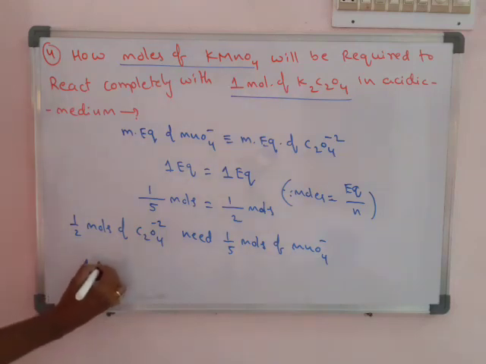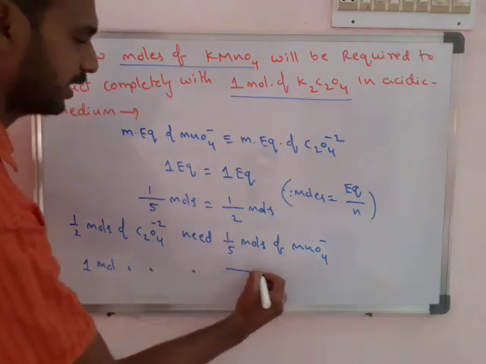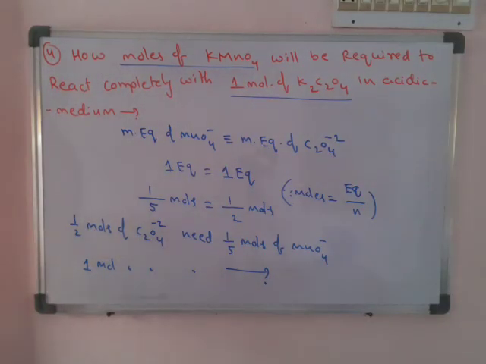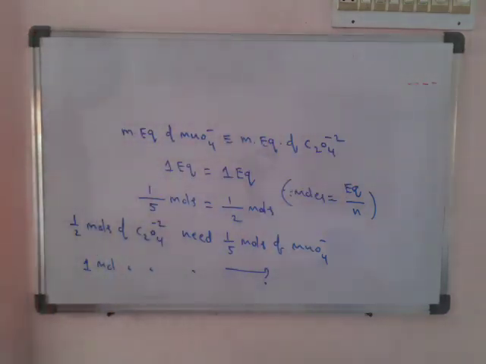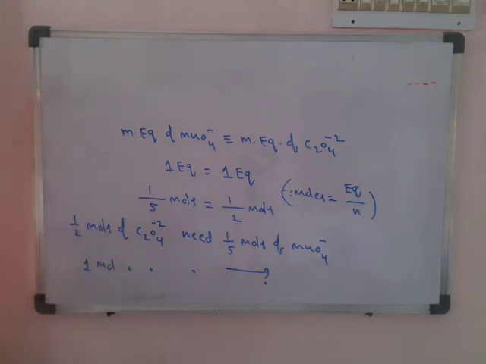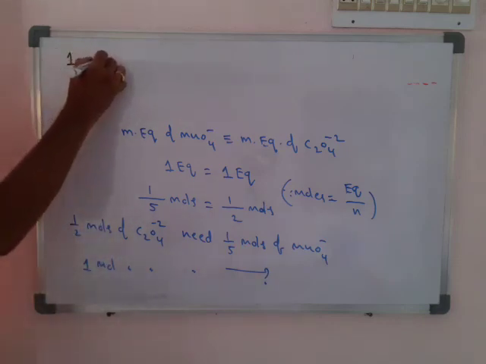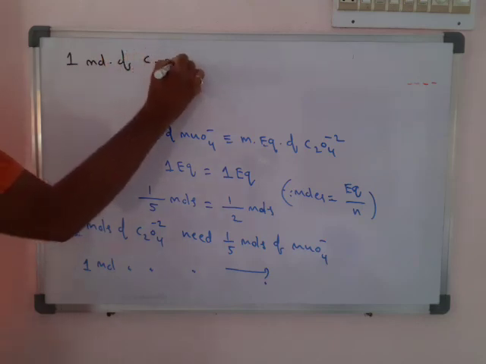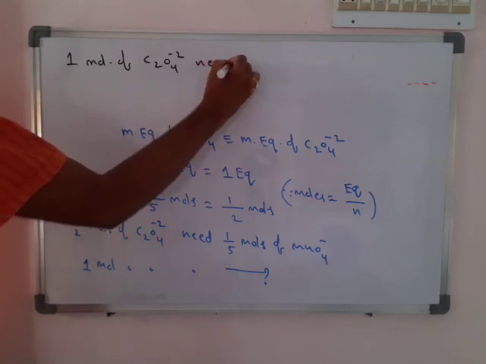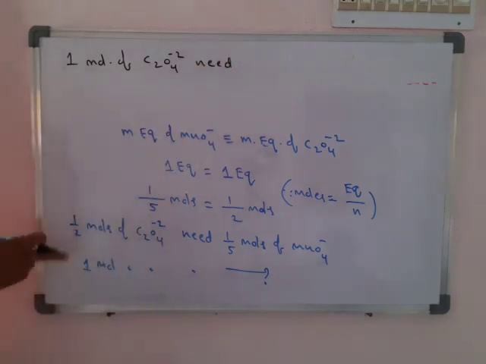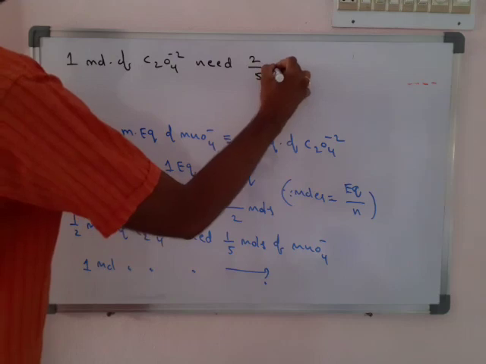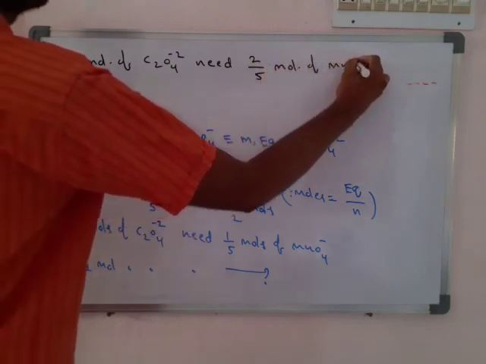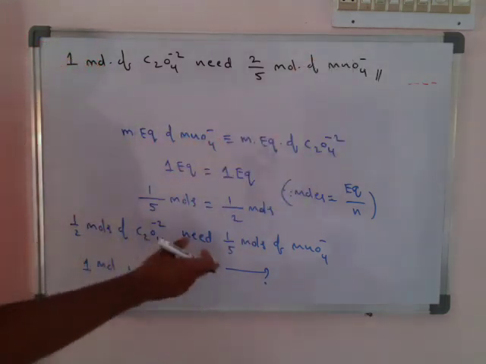Then for 1 mole of C2O4, how much MnO4 minus is needed? Finally we get 1 by 5 divided by 1 by 2, which is 2 by 5 mole, just by cross multiplication.